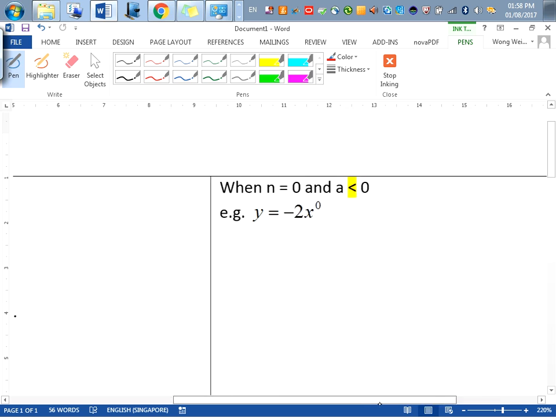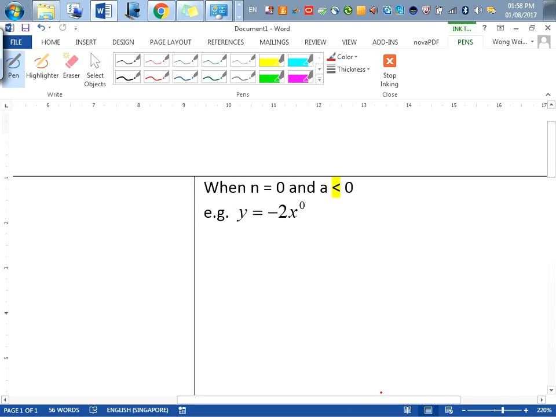Yes, do the second one. Y equals to negative 2 x to the power of 0. So what do we have over there? What n? Because later on in the next row, we will see what happens when n is equal to 1, n equals to 2, and subsequently, n equals to 3.